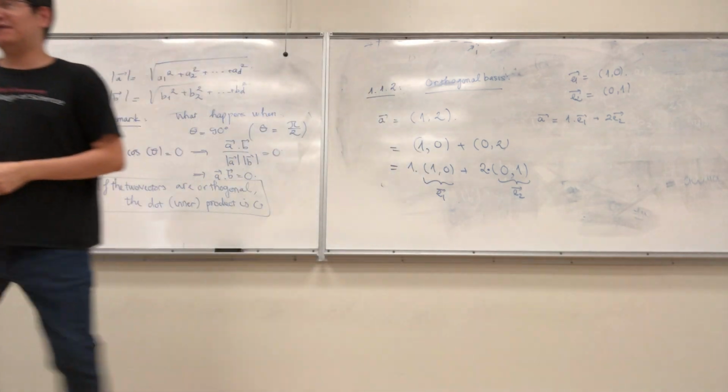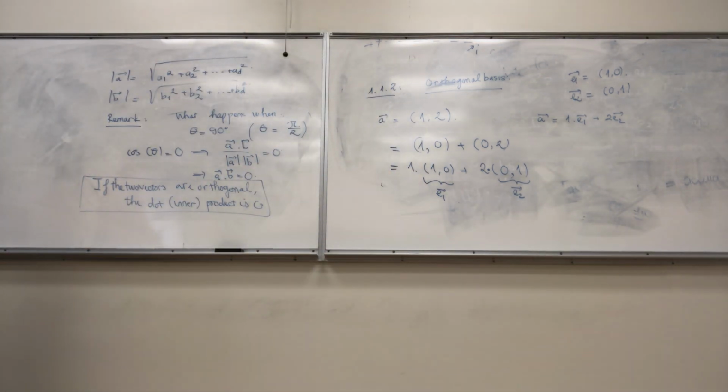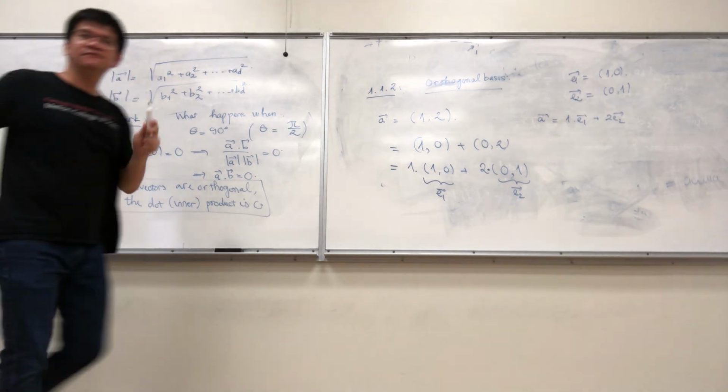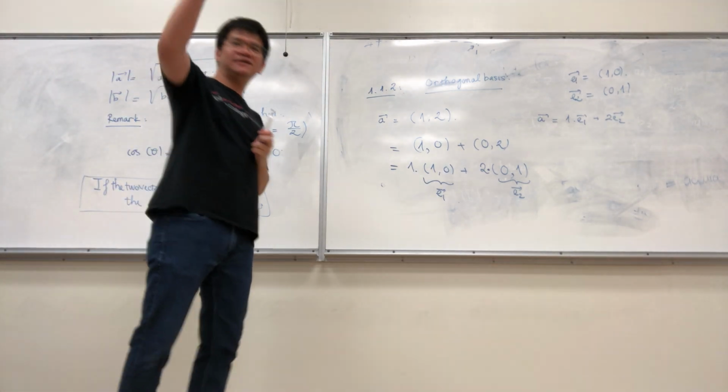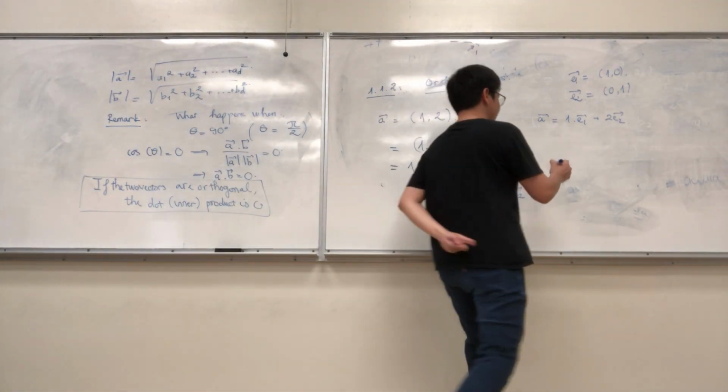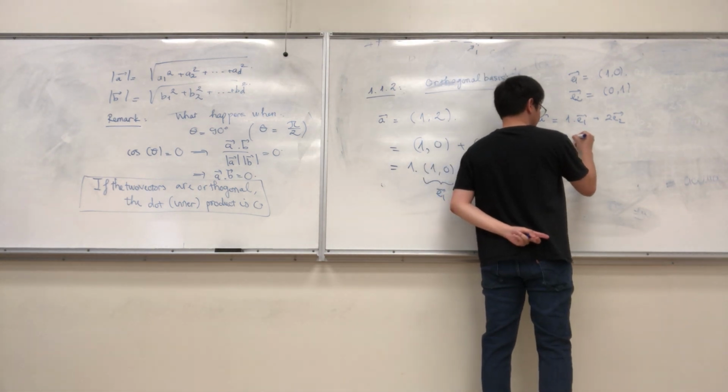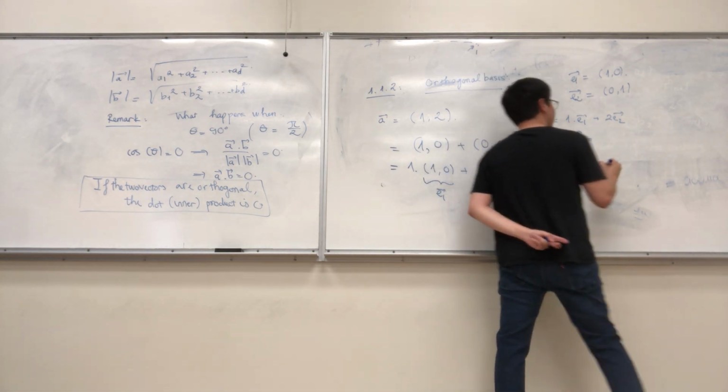So what can you say about E1 and E2? They are orthogonal, because it'll be 90 degrees. Yes, excellent. So if you multiply E1 and E2, what you get is the following.